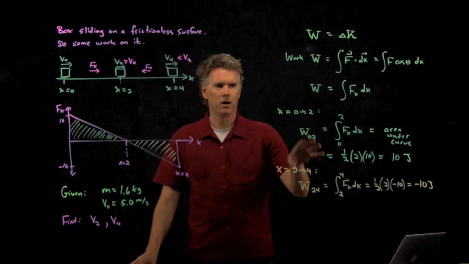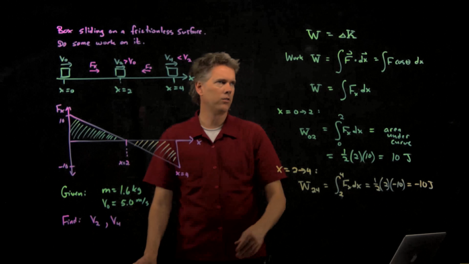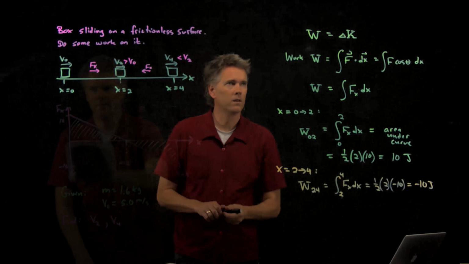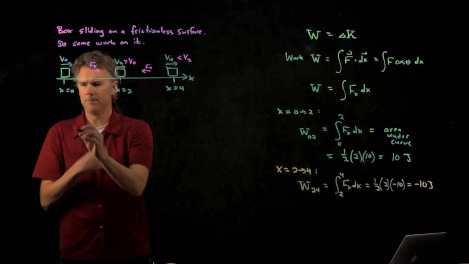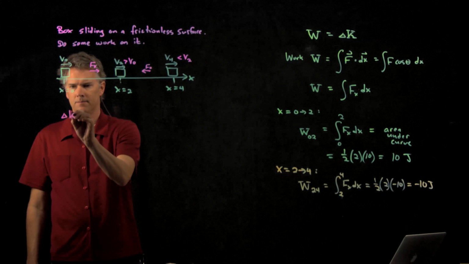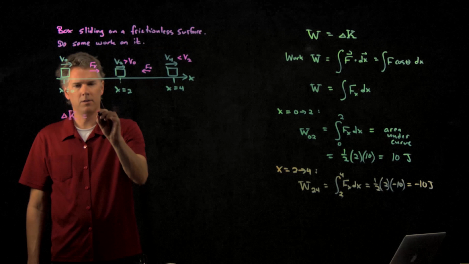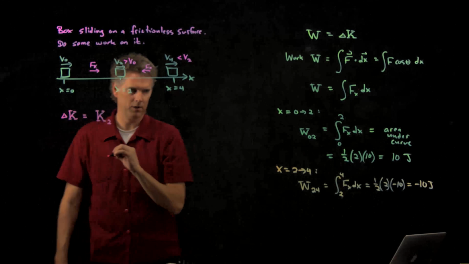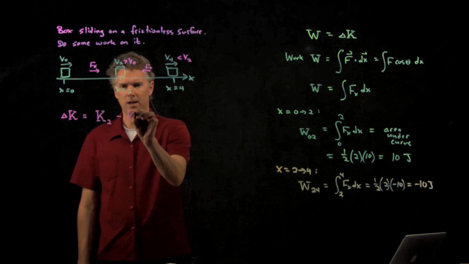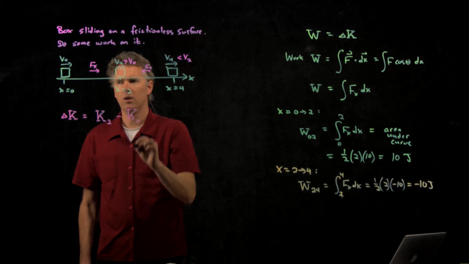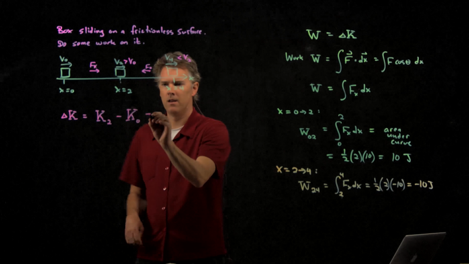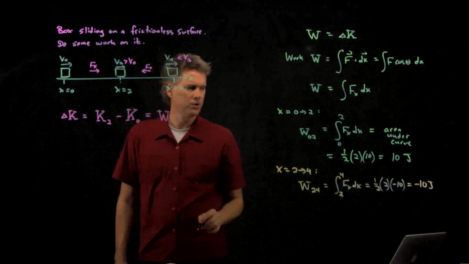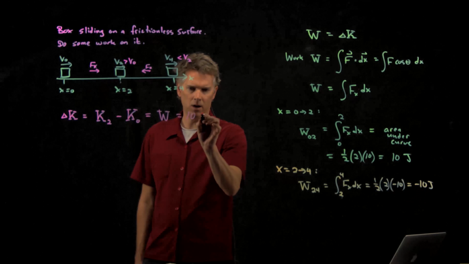Okay, so now we know what the work is for those two sections. Let's see if we can relate it back to the kinetic energy. So delta K is K at the final position, which we'll say is at 2, minus K at the initial position, which is 0. And all of that has to equal the work, which for that section is just 10 joules.